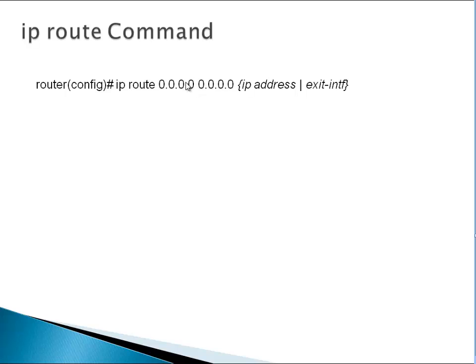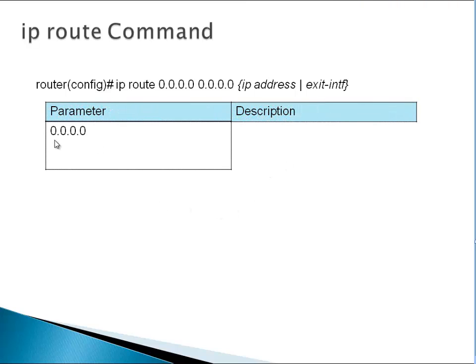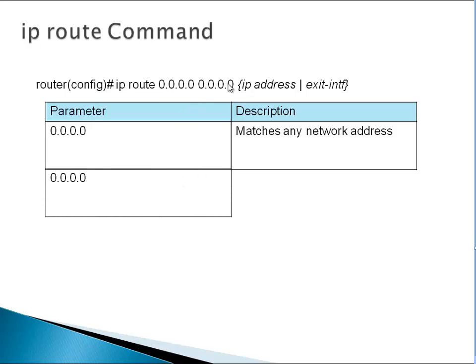So these first 4 zeros are for the network address. The next 4 zeros are for the subnet mask, which means any subnet mask. And again, I have two choices. I can put my neighbor's IP address, or I can put my exit interface. So here, the first zeros match any network address. The second 4 zeros will match any subnet mask.